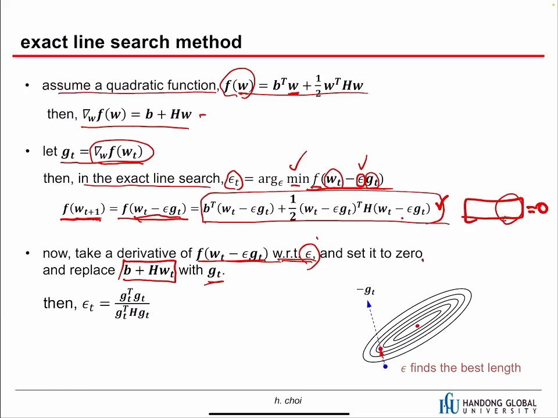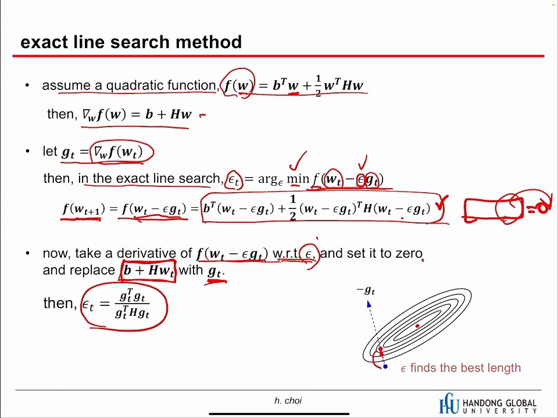Then move some terms to the right side, and replace this term with this one. Then you will get this. So it means epsilon_t is the step size of this.